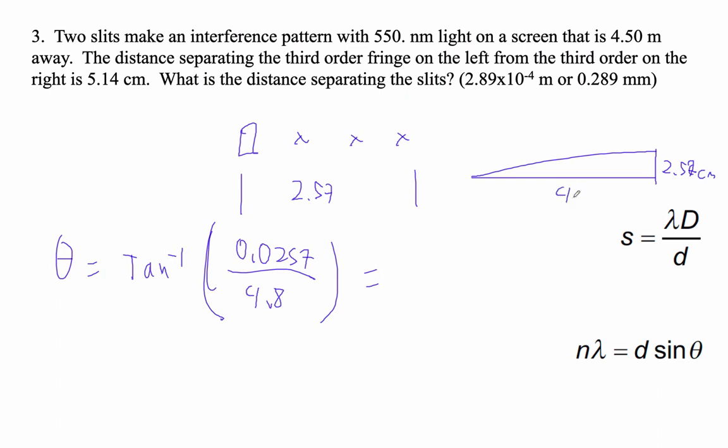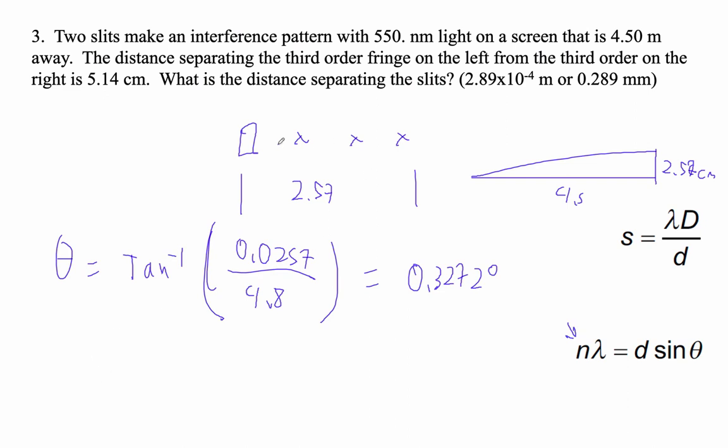This side is 4.5. I'm doing inverse tangent of opposite over adjacent. Okay, so 0.0257 divided by 4.5. Whoops. That angle legitimately is 0.3272 degrees. Now we can plug into this, right?